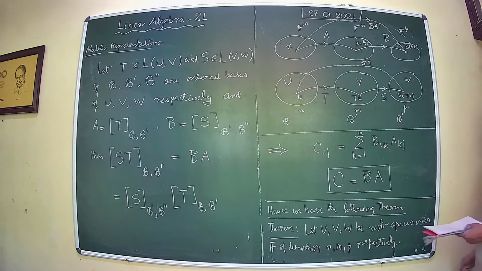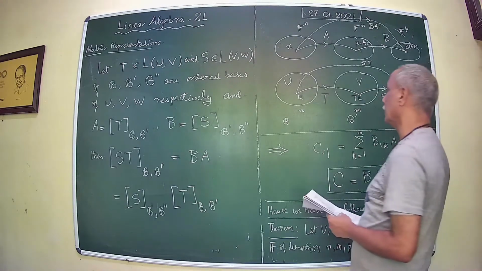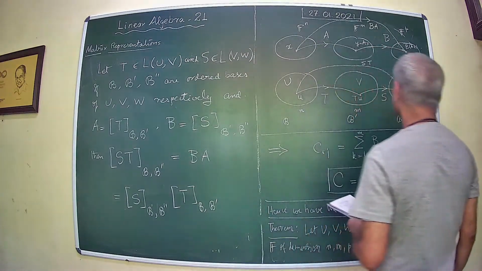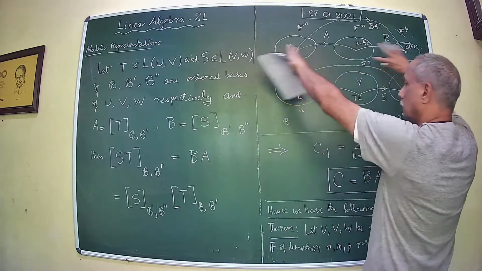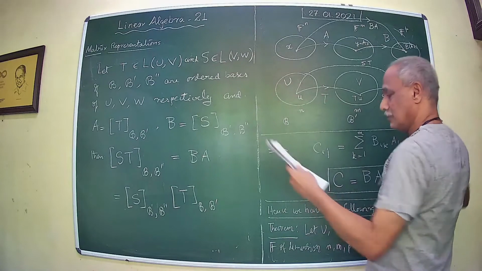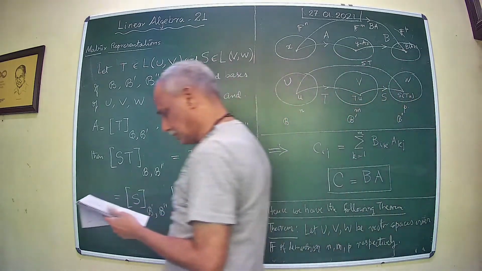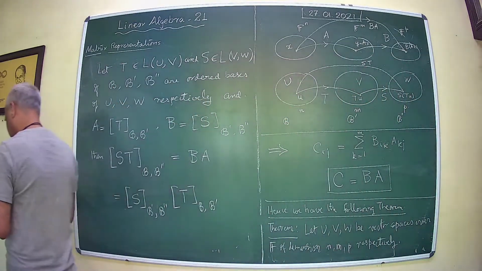That's the corresponding relationship that we have. So whatever is happening here, there's a corresponding thing happening there with the matrix. Now this is the advantage of matrix representations.